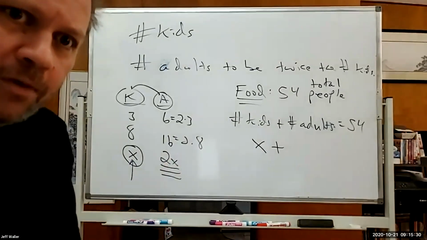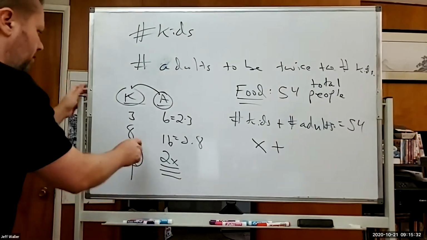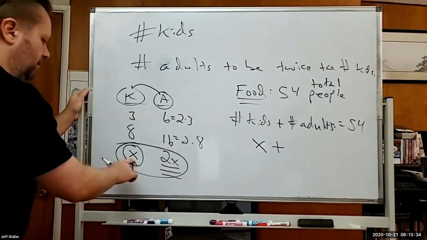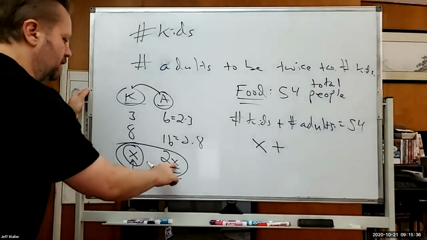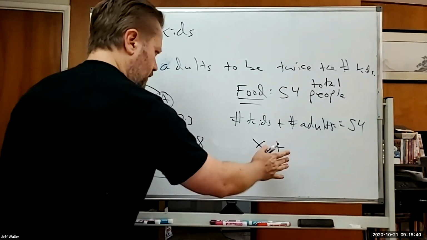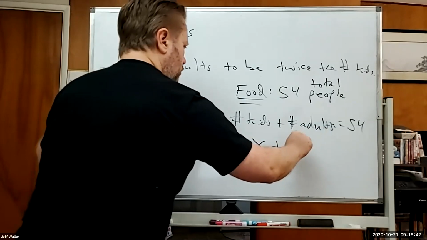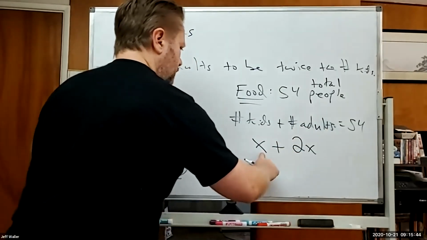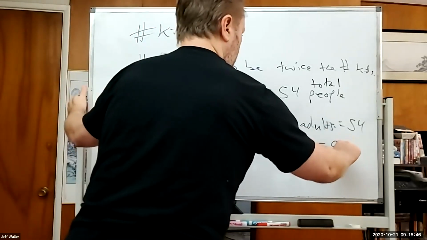Is everybody good with what's happening so far? If I have some number of kids, I have to have twice that adults. So the number of kids, X, plus the number of adults, twice that, equals 54.